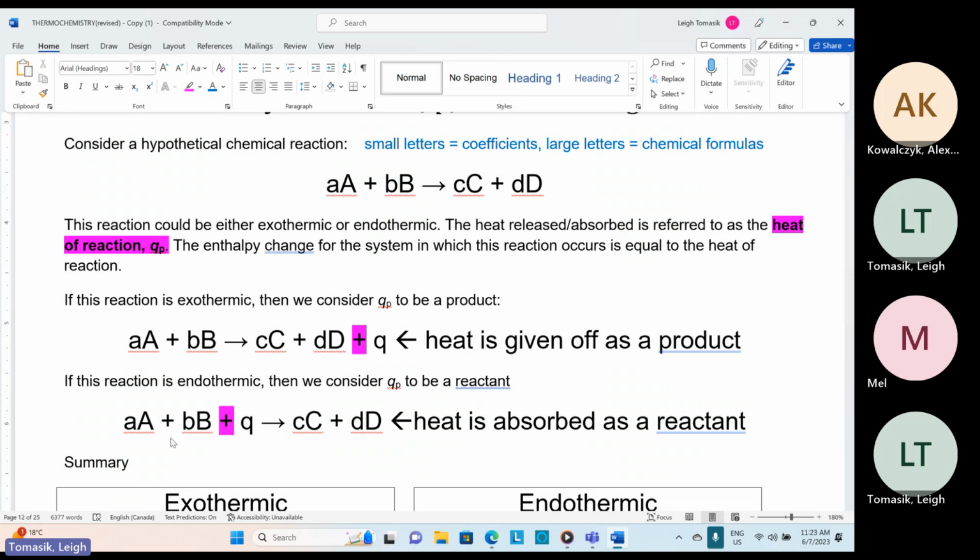So the Q that's from the exothermic reaction is not going to be negative in this situation, because it's written after the arrow. So we know that whatever number goes in for Q is negative. And if we see it written as a reactant, we know that it's positive.